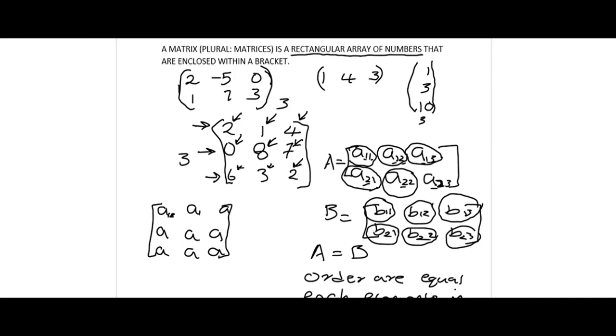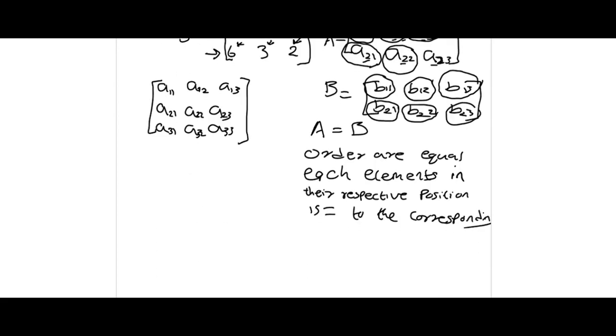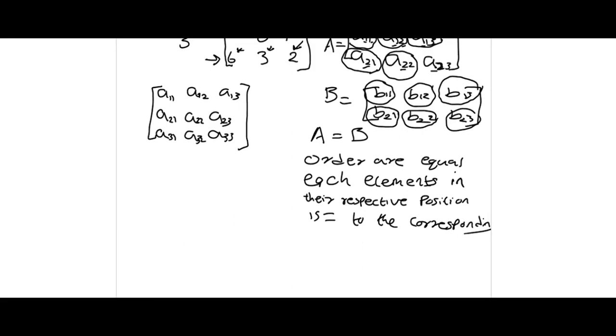So this is 1, 1, 1, 2, 1, 3, 2, 1, 2, 2, 2, 3, 3, 1, 3, 2, and 3, 3. I'll just make that elaborate and clear so that we can see it. So this is a square matrix, and when we want to pick out the principal diagonal, if you have a square, let me say this is a square.